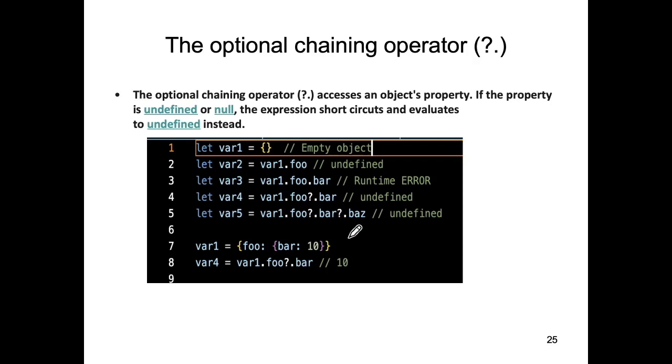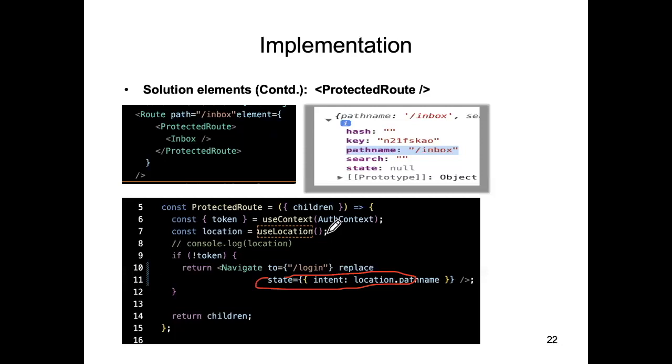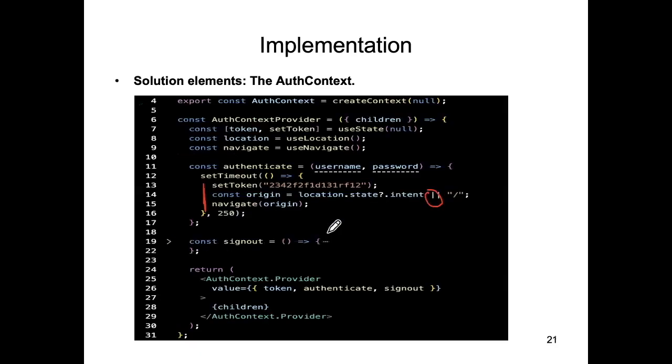And so that's why, if I go back to my particular usage of it, if I flick back yet again, in the scenario where the user goes to the login page directly themselves, location.state is going to be undefined.